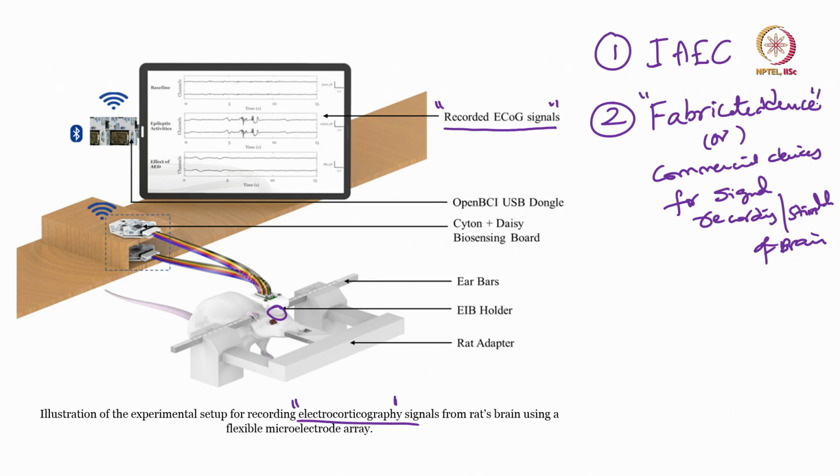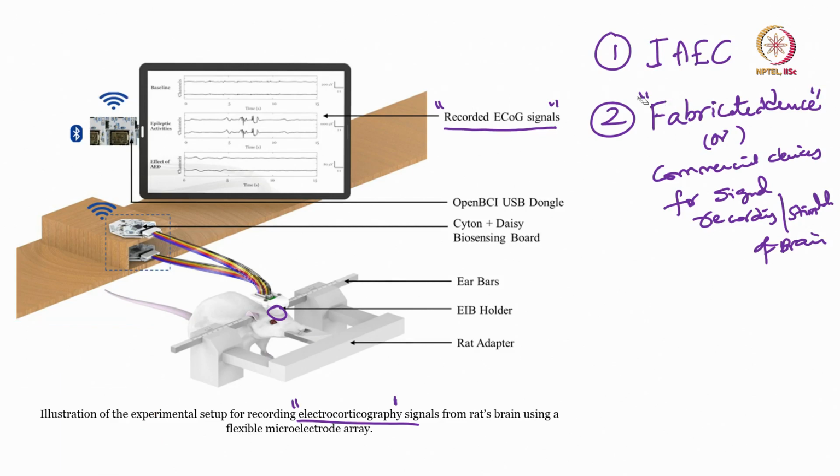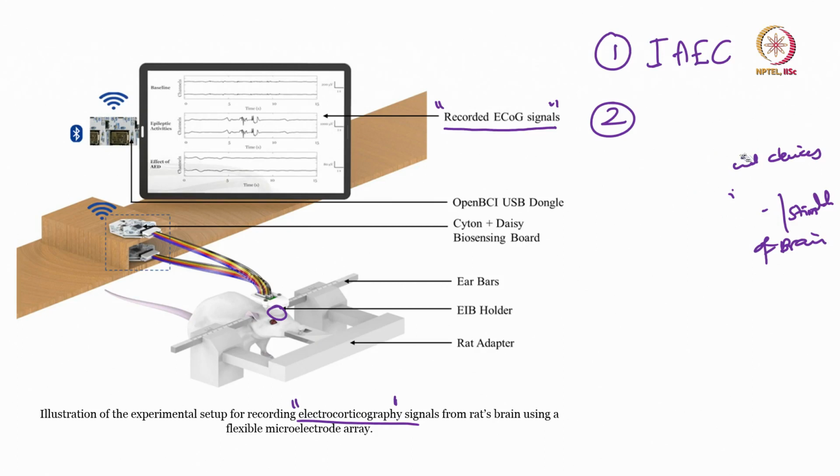Now, let us put a name to this. Instead of writing all this, we call this with a simple name. Let me erase this. I just want to tell you what we are doing. Can you guess a name for that? This is called neural interfaces. These devices are called neural interfaces, whether you use them for signal recording or stimulation.